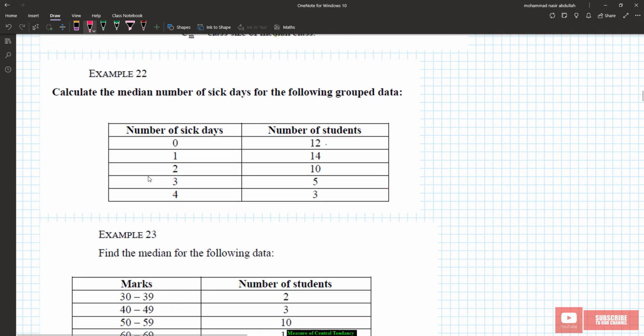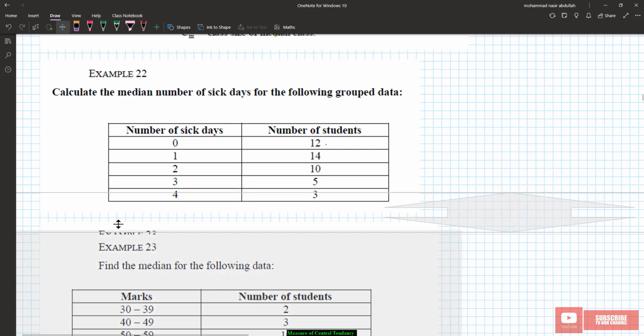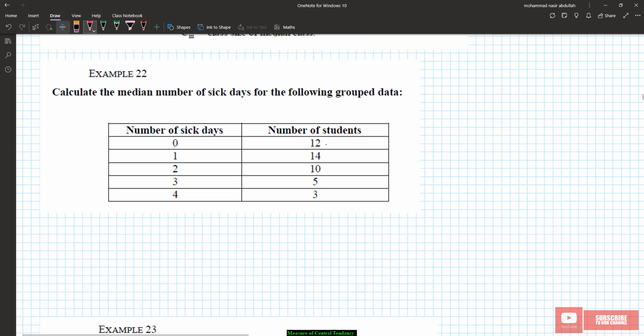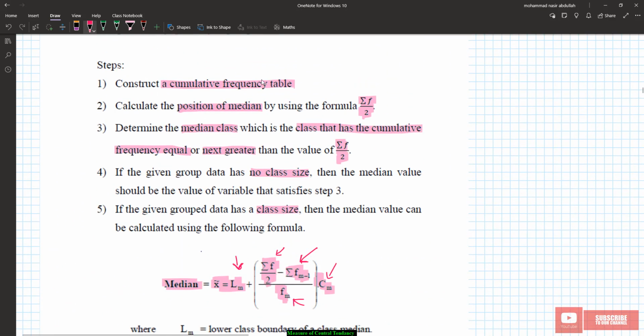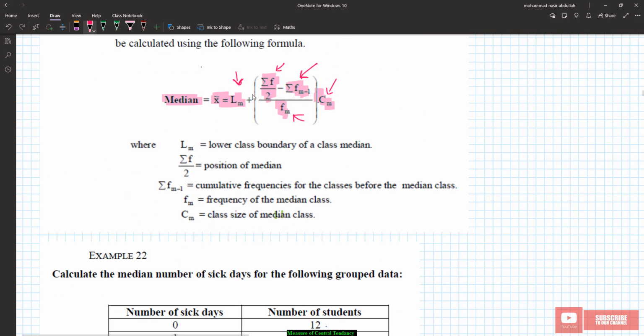Now let's look at example number 22. First step is we need to construct a cumulative frequency.